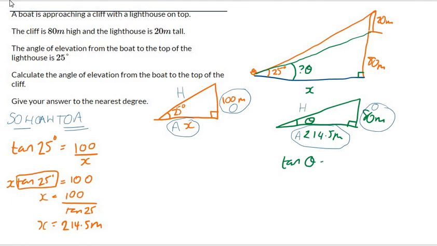So we write down our equation. Tan of our angle is the opposite over the adjacent. To get rid of tan, we need to inverse tan. We do that to both sides, which means we just get theta left on the left-hand side. And we type the rest into the calculator.